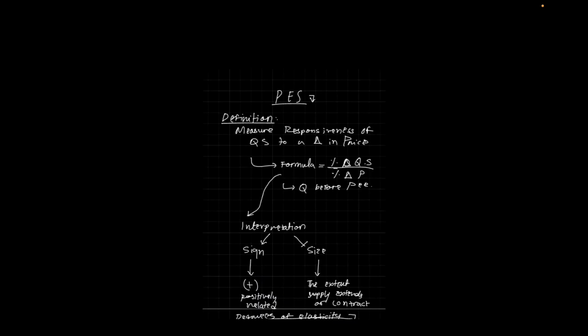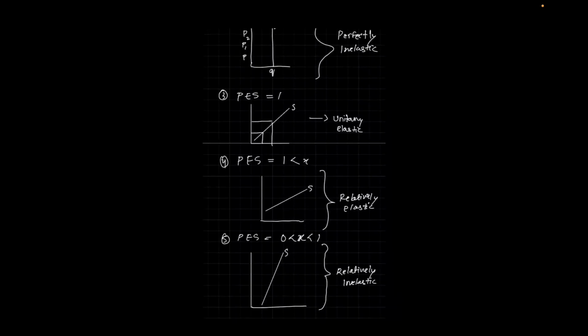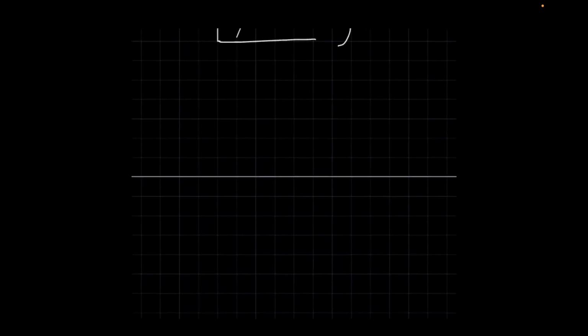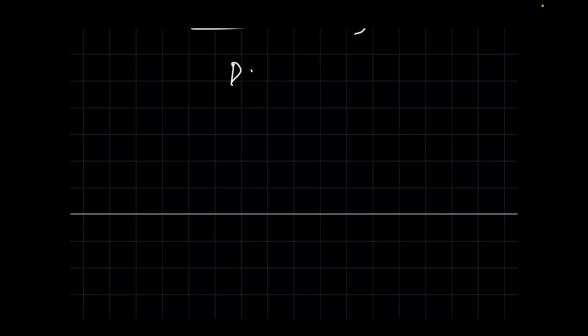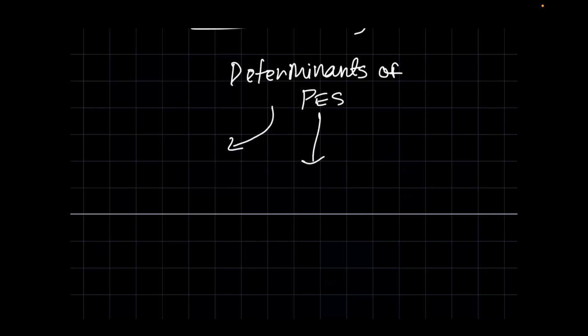Now we've looked at the 5 degrees of elasticity along with the diagrams. We've looked at the formula for elasticity and we've defined what price elasticity of supply means. But what really determines the PES, the price elasticity of supply? Essentially there are just 3 main factors.